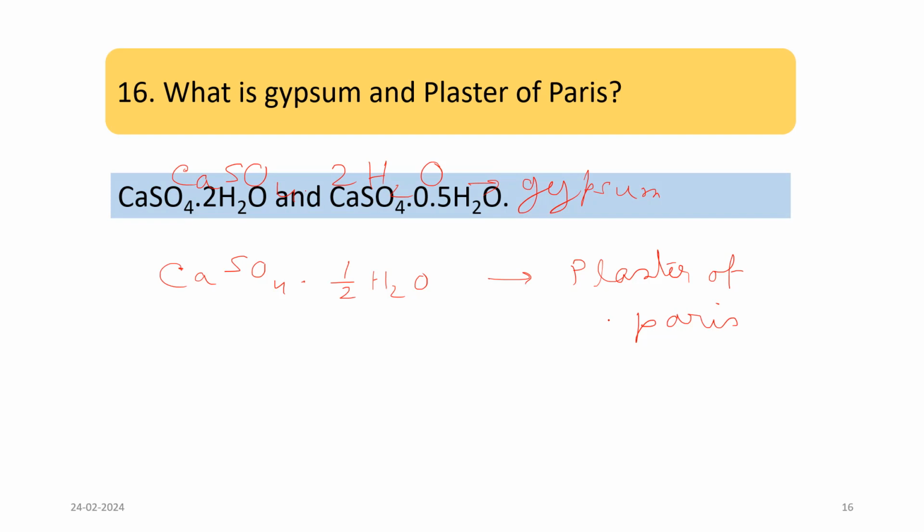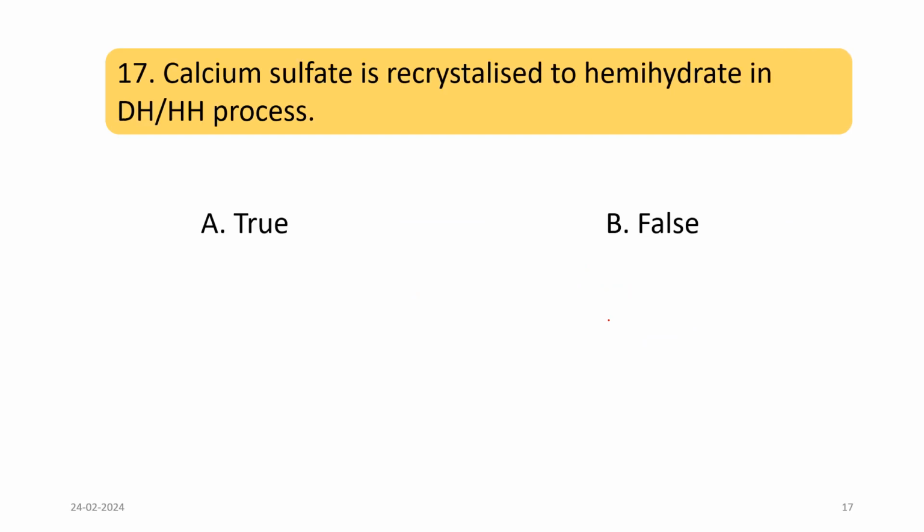Next question. Calcium sulfate is recrystallized to hemihydrate in the DHH process. DHH process means dihydrate hemihydrate process, the last process we have learned. So in this process, calcium sulfate is recrystallized to hemihydrate.